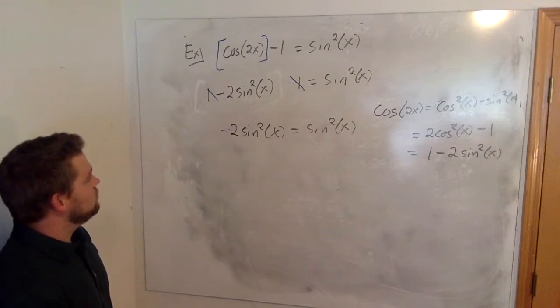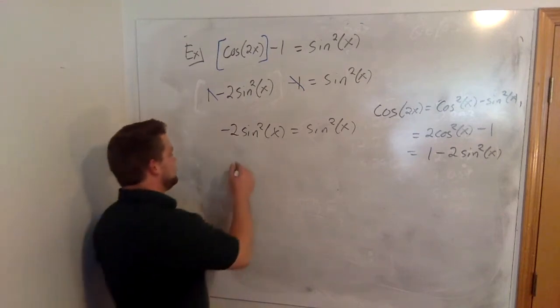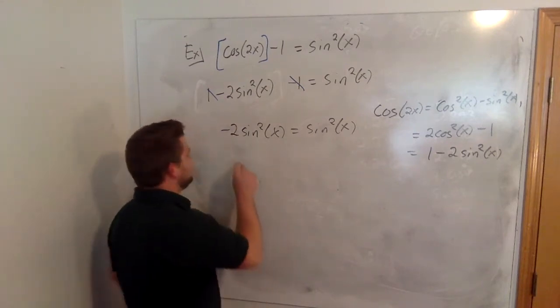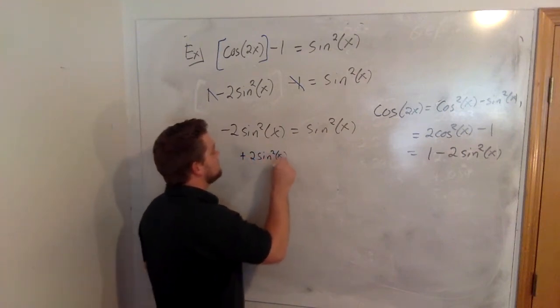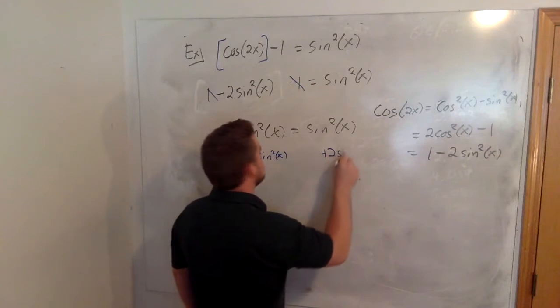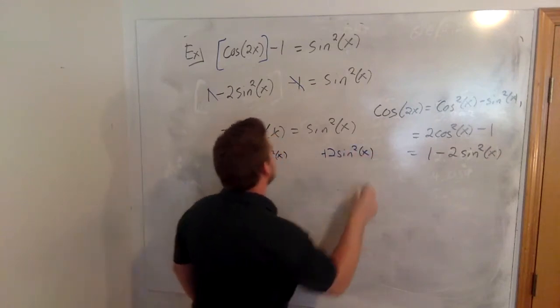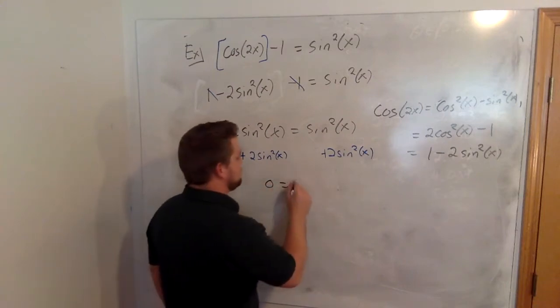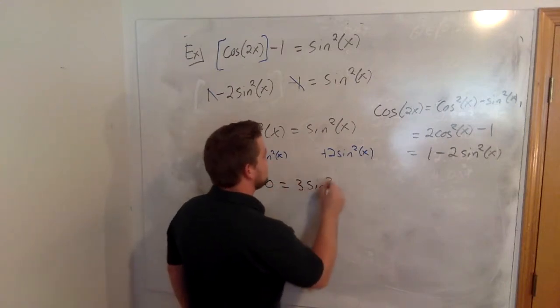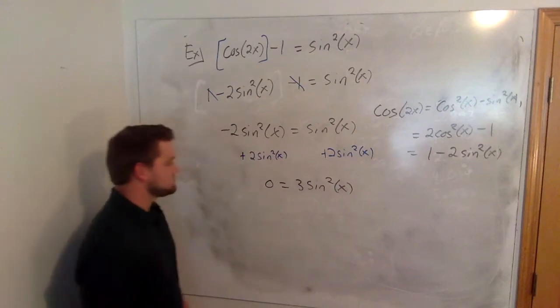Okay, so what can we do here? Well, how about we add 2 sine squared of x to both sides? Then we're going to get that 0 is equal to 3 sine squared of x.